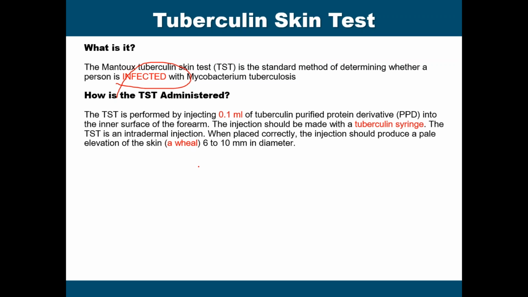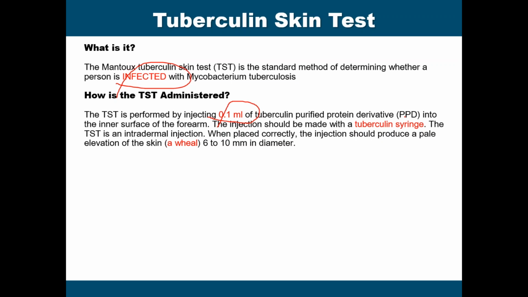So the TST is performed by injecting 0.1 ml of tuberculin purified protein derivative into the inner surface of the forearm. So the important number that I would like you to remember is 0.1 ml, because that's usually being asked in the NCLEX, the amount of the PPD that must be placed into the syringe.